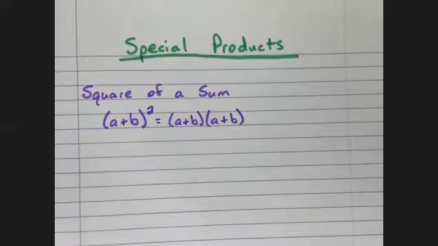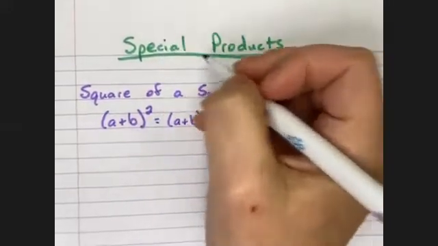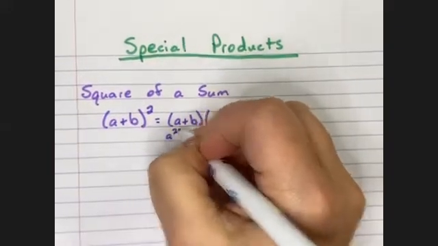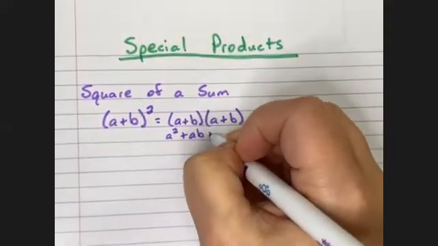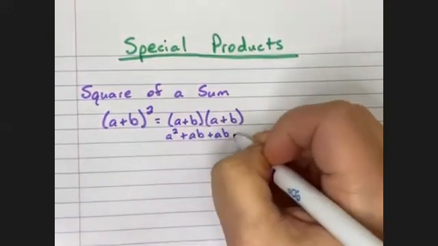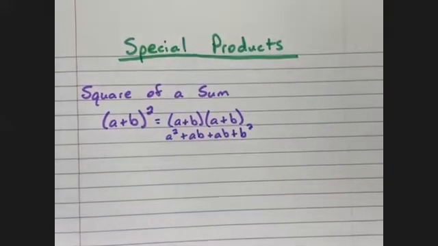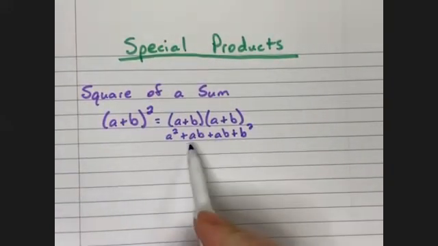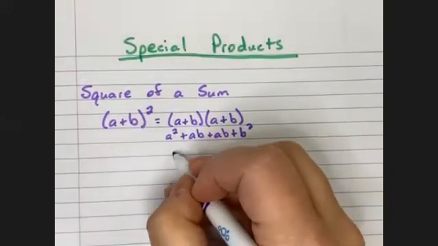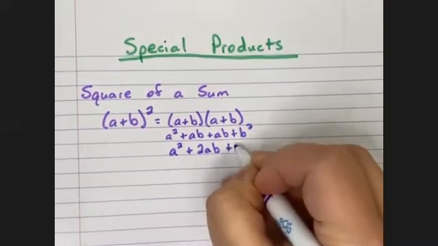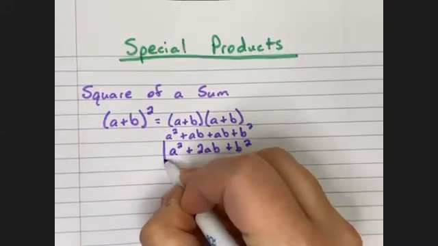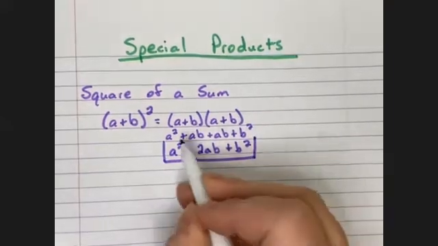So I'm actually going to work these out to show you what the pattern is, but it's a pattern. So now if I do this, it's going to be a squared plus ab plus ab plus b squared. Now I'm going to combine my 2 middle terms. So I end up with a squared plus 2ab plus b squared. That's the pattern.